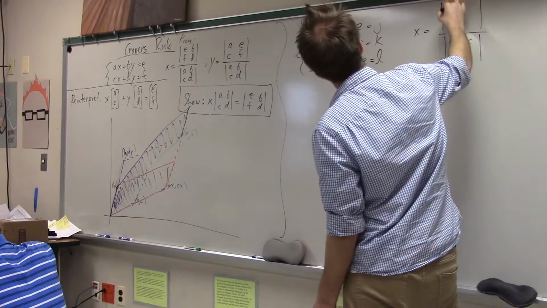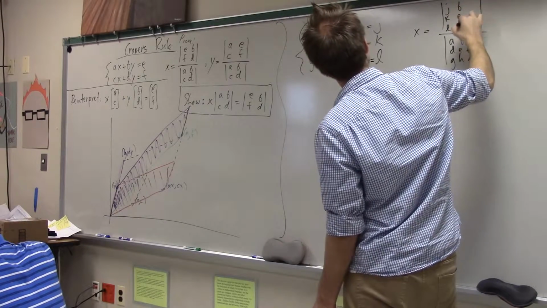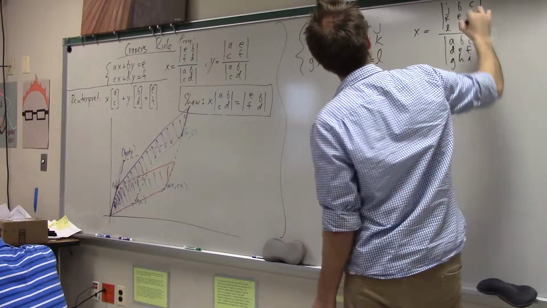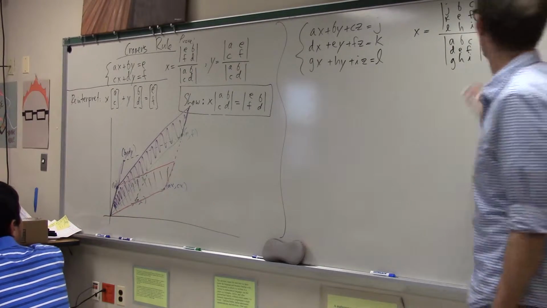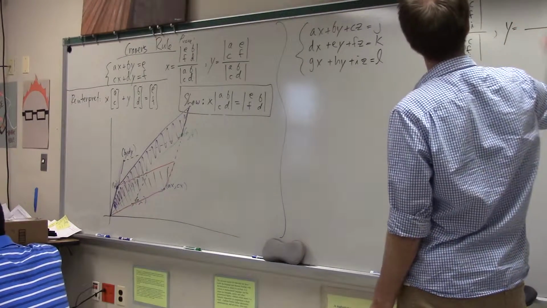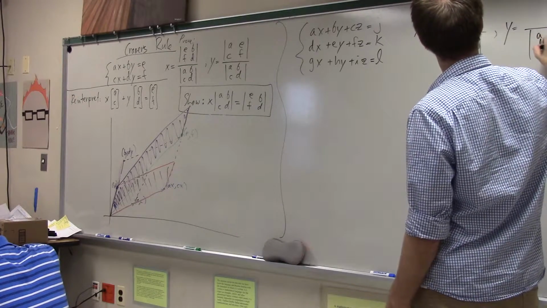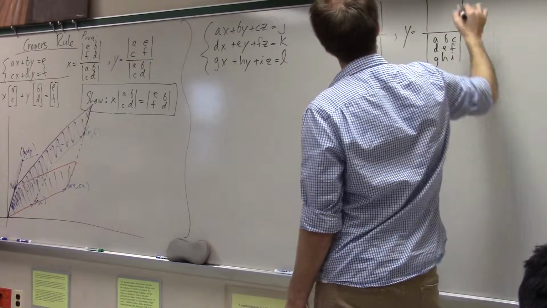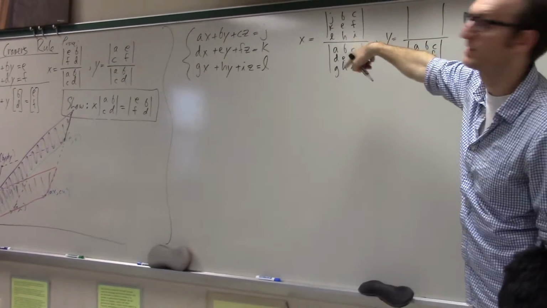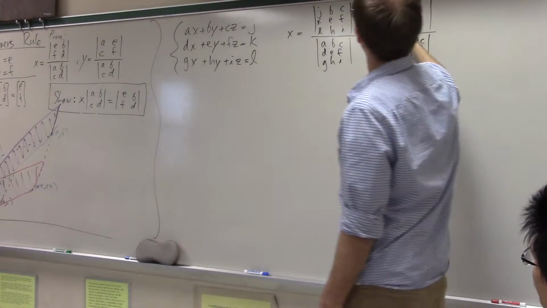So it would be like J, K, L, B, H, C, F. Similarly, y has the same denominator. It's the determinant of the coefficient matrix, and the numerator is what you get when you replace the column of constants J, K, L in for the y column.